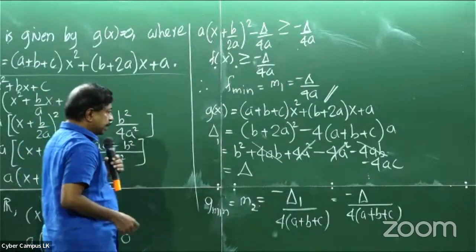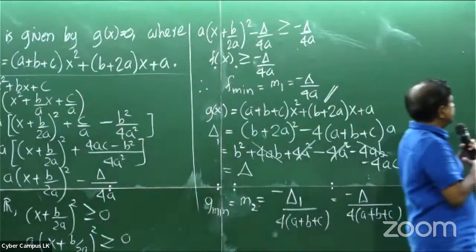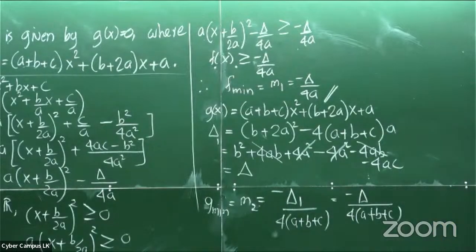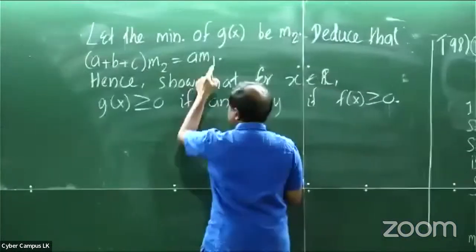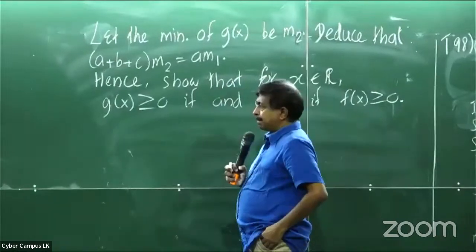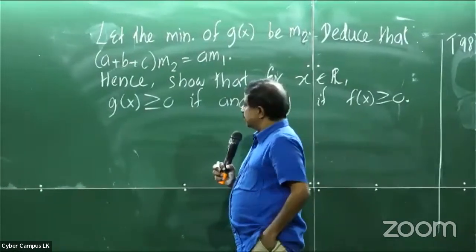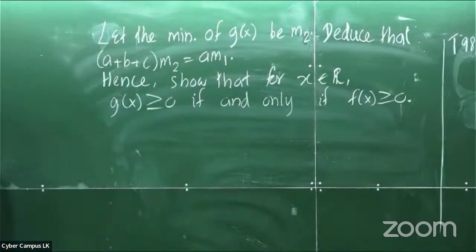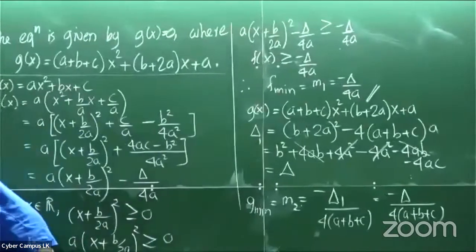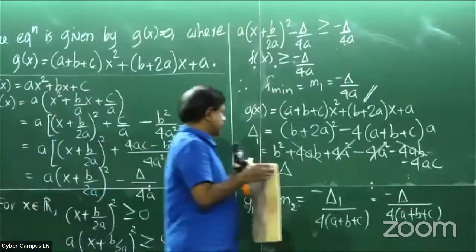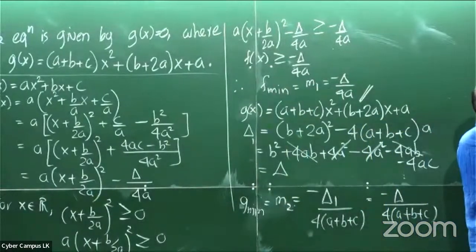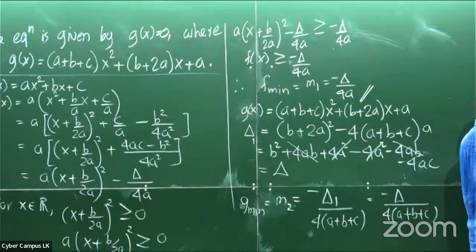Now, we need to show that M2 times A plus B plus C is M1 times A. I hope you can remember this while you erase this part.